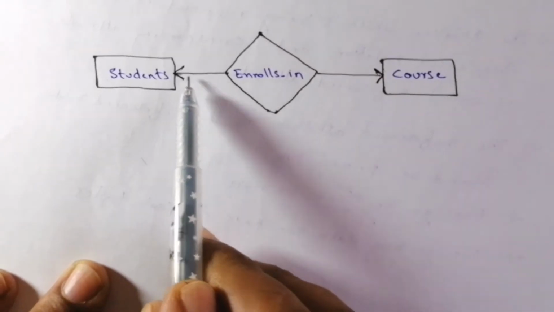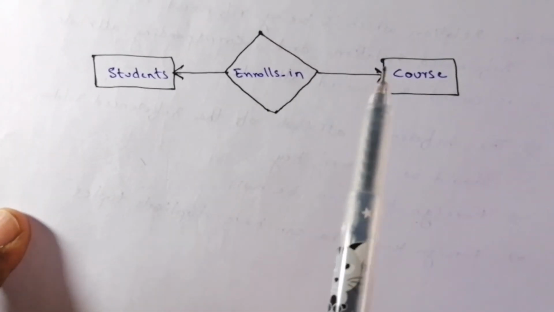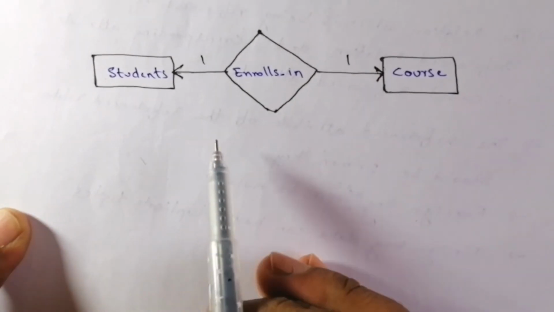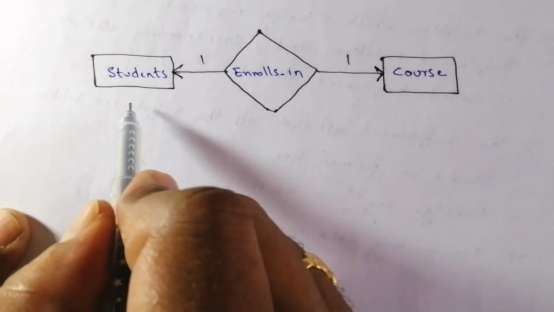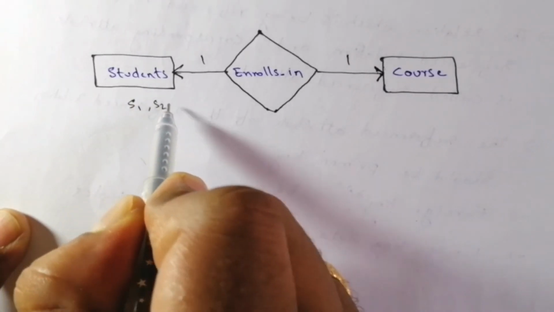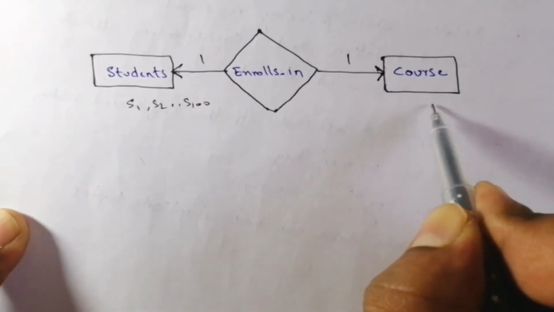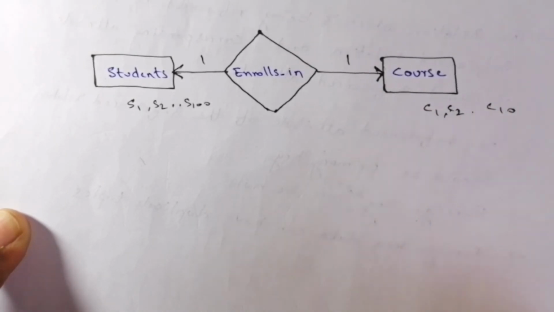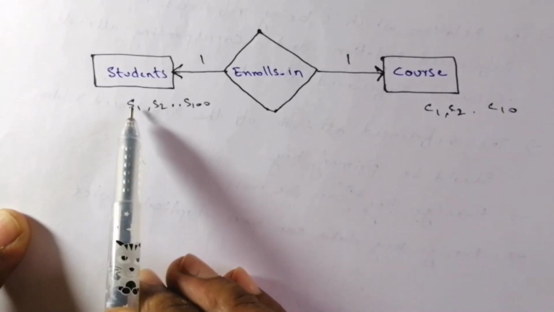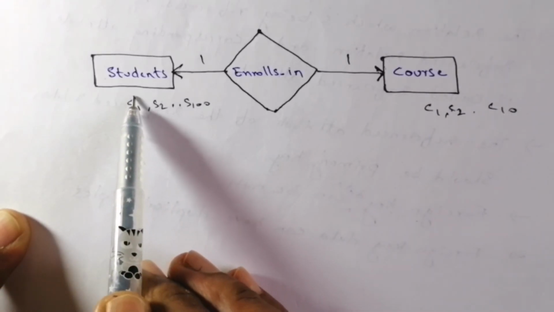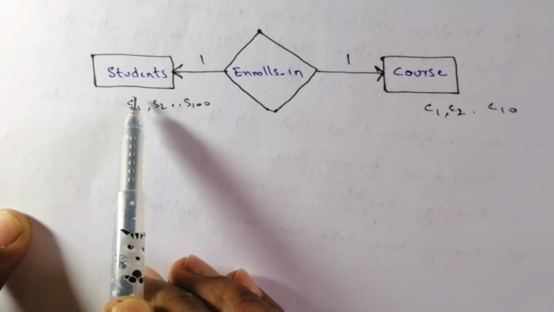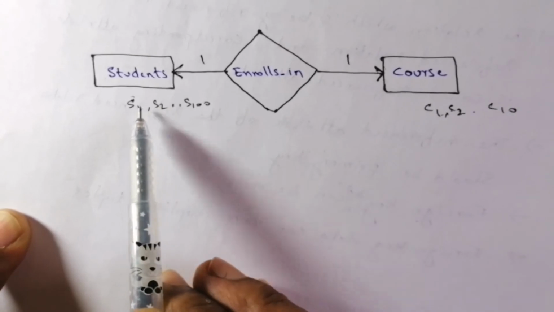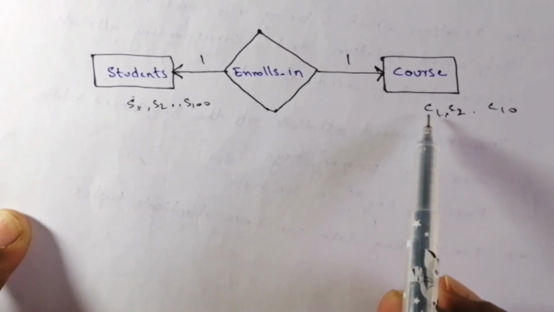Now let us understand this. It is a one to one relationship. We can have entities S1, S2 up to S100, and the same way courses C1, C2 up to C10. What we are going to learn here is that an entity in set A can be associated with at most one entity in set B. That is, S1 can take only one course; if it takes C1, it cannot take C2.